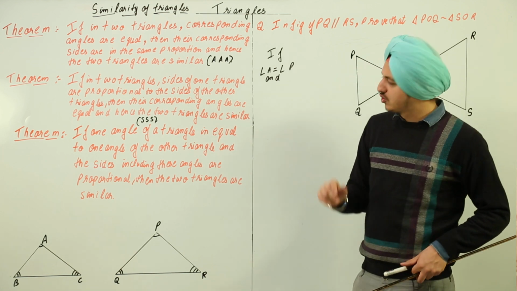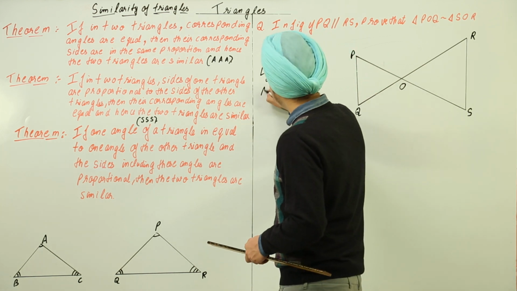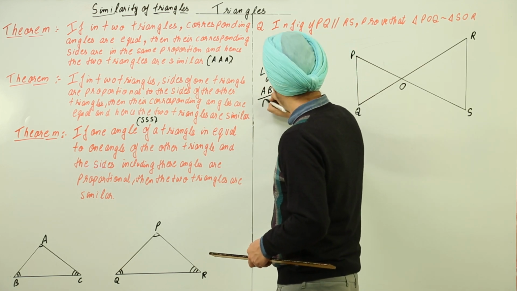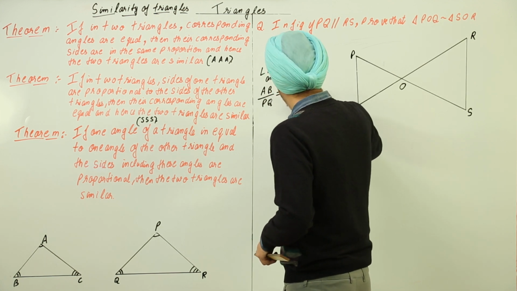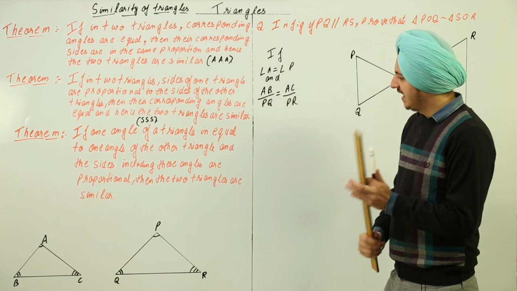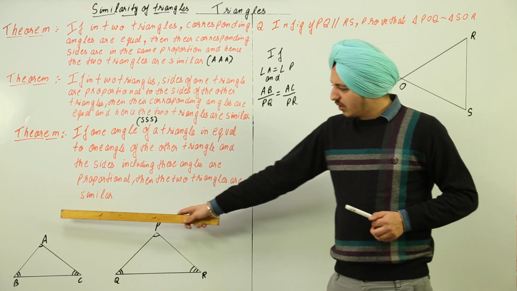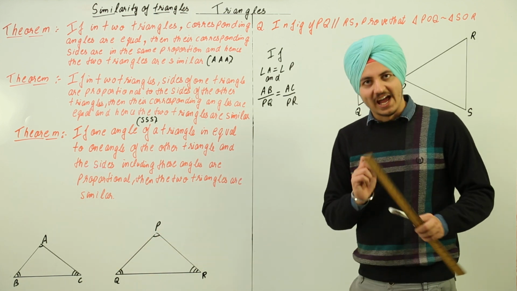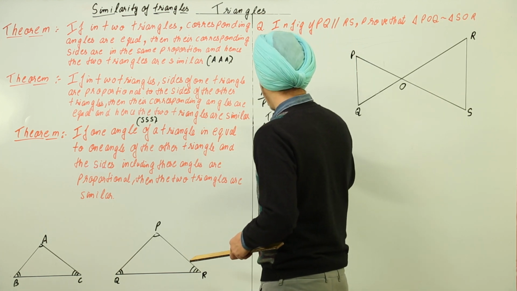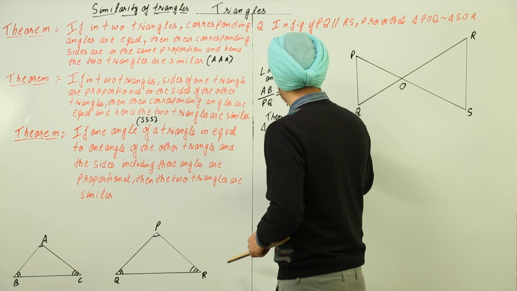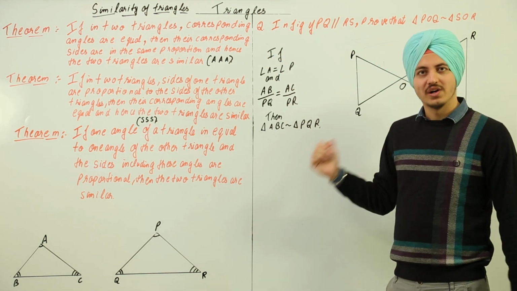Now these two sides should be in the same ratio or proportional. That means AB upon PQ should be equal to AC upon PR. Now if angle A is equal to angle P and AB upon PQ is equal to AC upon PR, then triangle ABC is similar to triangle PQR. Correct? Now do you understand?